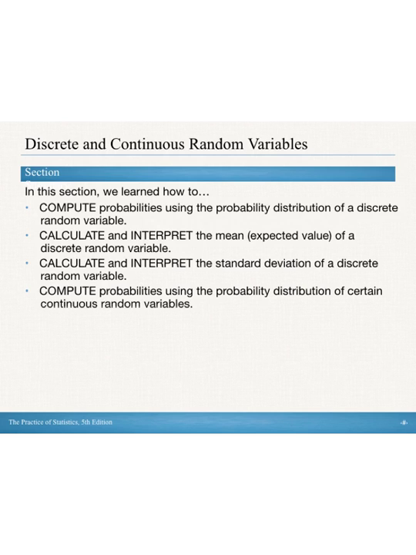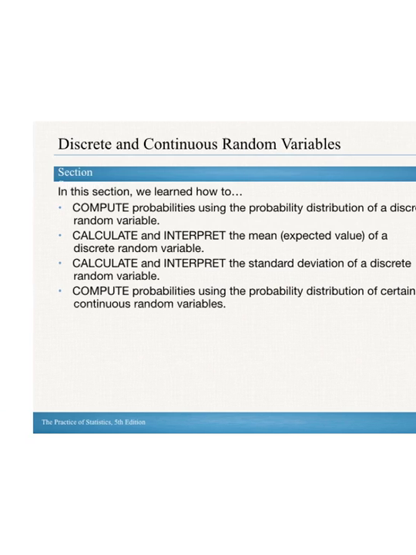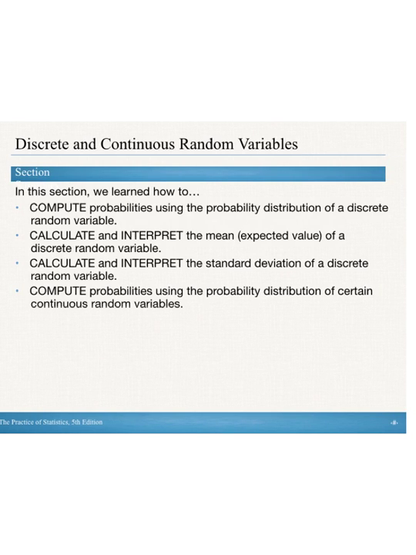So from this video or the reading, you should be able to define a discrete random variable. You should be able to understand how the distributions work, both in the probability table and any graphical representation.